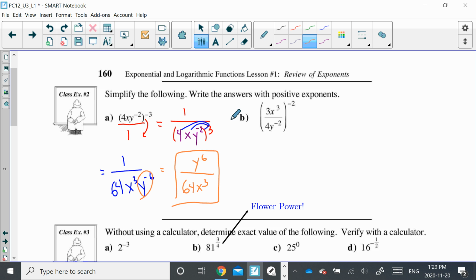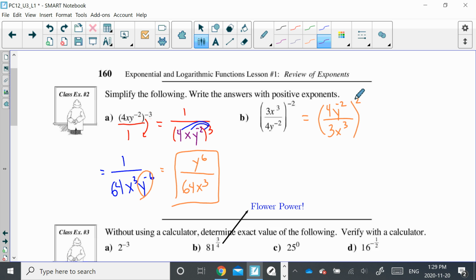Okay, if we have a negative exponent but a fraction, what we did in 10C is we said in order to go from a negative 2 to a positive 2, you simply flip this fraction. So 4y to the negative 2, we don't change anything, we're just doing our reciprocal, right? We're just flipping this. So 4y to the negative 2 over 3x cubed.